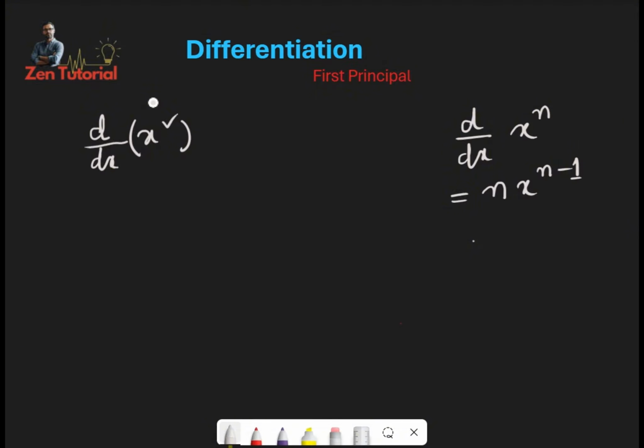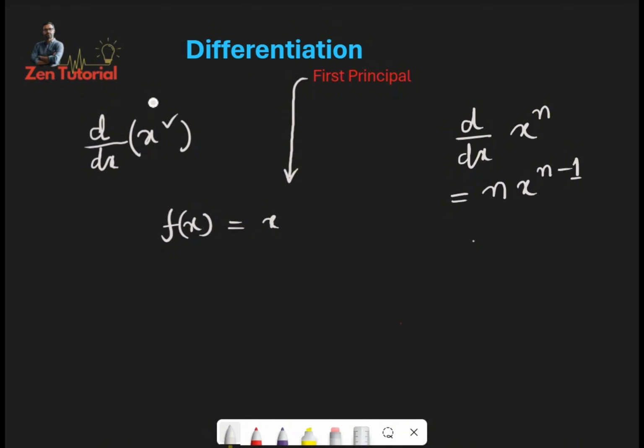Now we have to start with the very first topic, that is first principle. So if it is a function f of x, let's say the function of x is equal to x.